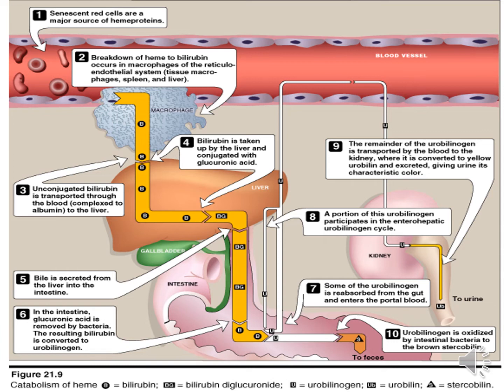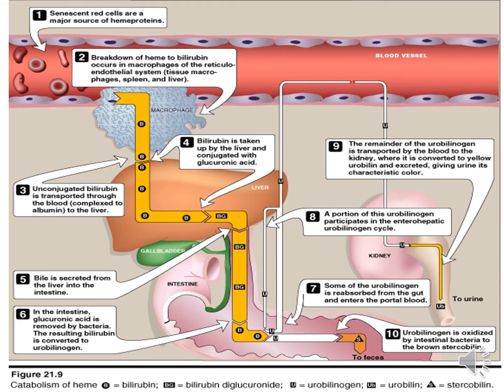In the intestine, glucuronic acid is removed by bacteria. The resulting bilirubin is converted to urobilinogen. Some of the urobilinogen is reabsorbed from the gut and enters the portal blood. A portion of this urobilinogen participates in the enterohepatic urobilinogen cycle, or enterohepatic circulation.